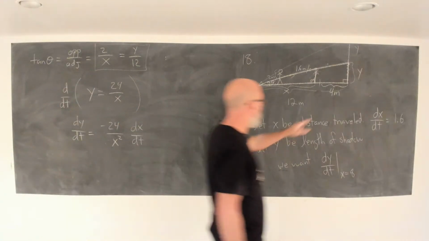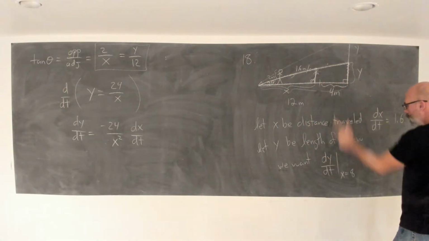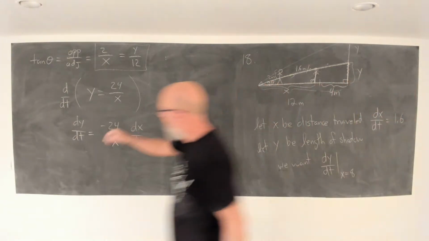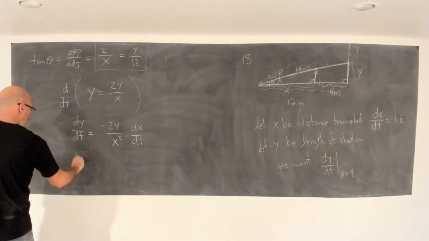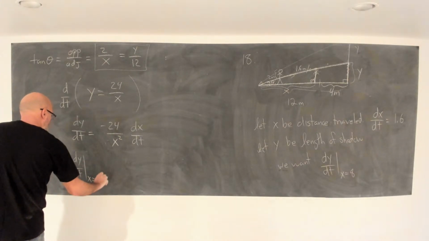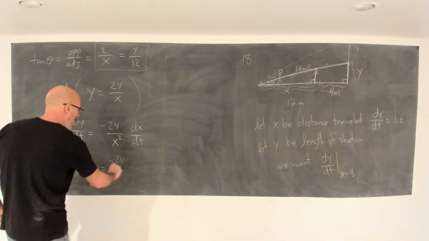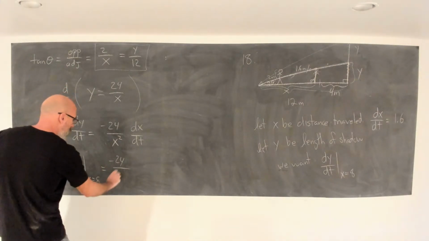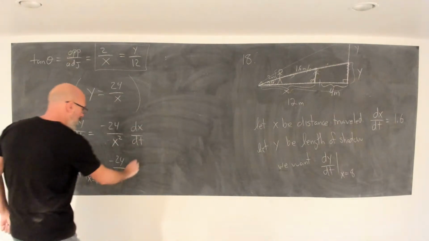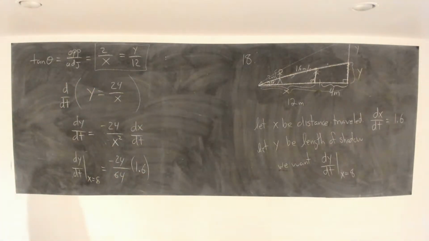When you're 4 meters away from the wall, you have actually traveled 8 meters. So we're plugging in when x is 8. And what do we get? Minus 24 over 8 times 8, which is 64, times dx/dt, which is 1.6. And there you go.